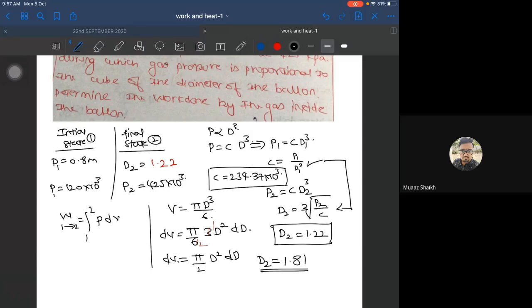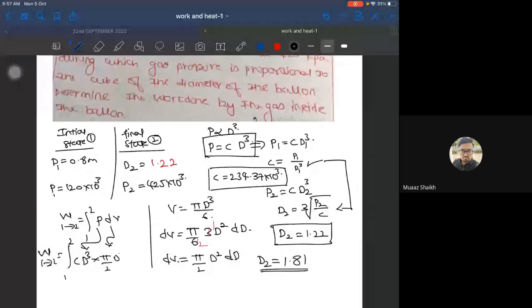So work done from 1 to 2 is equal to integration from 1 to 2. The value of P is nothing but C into D cubed here, so be careful. And dV you have got as pi by 2 D squared dD.